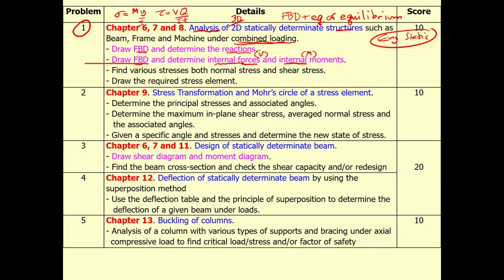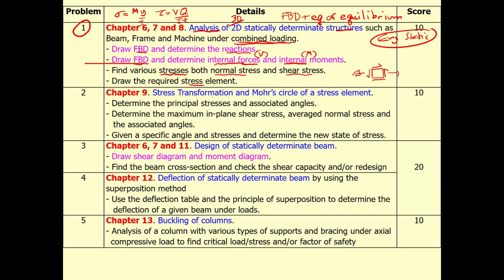Then you use the equations to determine both normal stress and shear stress. At the end, you will get the stress element. You're going to have the sigma and also the tau, and for the shear, if you have one shear on the stress element, you're supposed to have 4 of them.